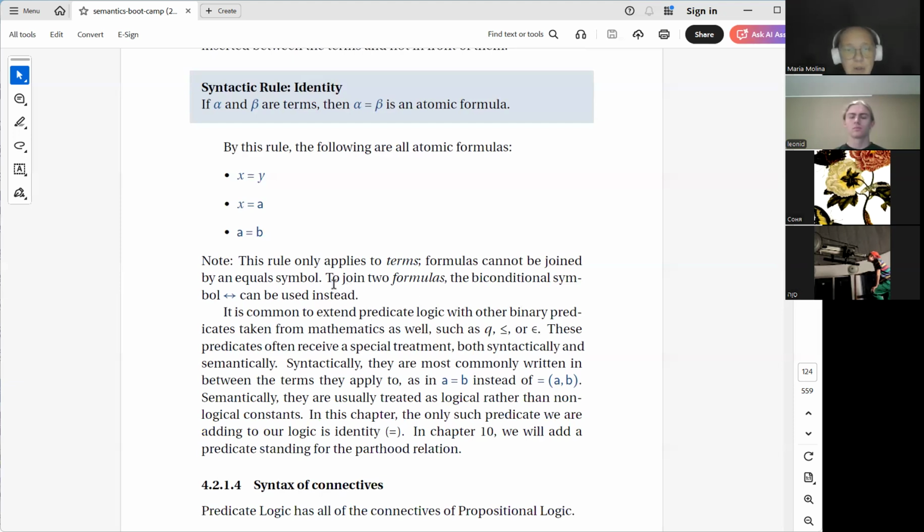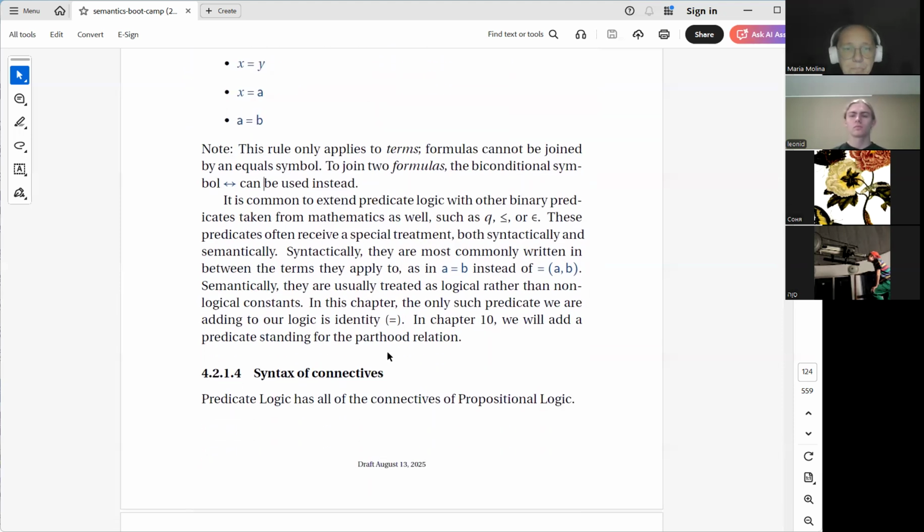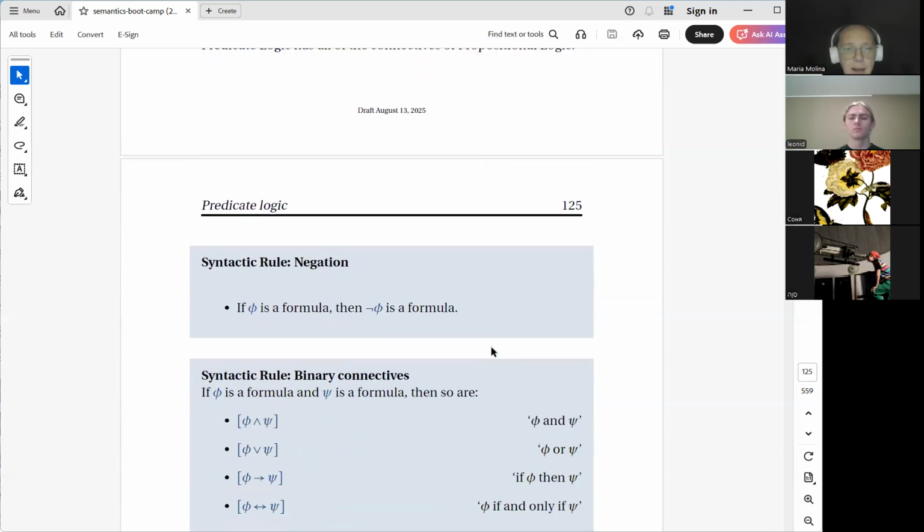In order to combine two formulas, we use the biconditional symbol. Now, as we've already seen in propositional logic, if phi is a formula, then negation phi is also a formula.